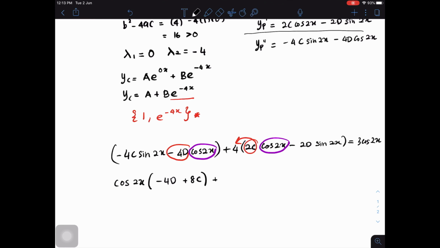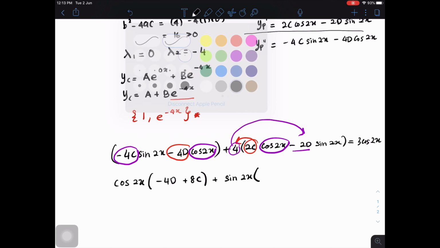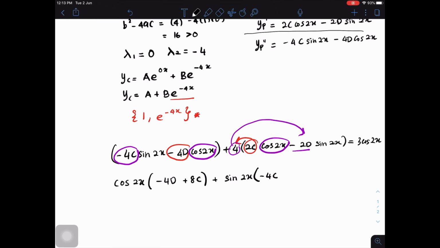Same goes to the sine 2x, you put it outside the bracket. Here you have negative 4c and 4 times negative 2d, so in the bracket you will have negative 4c minus 8d, equal to 3 cos 2x.